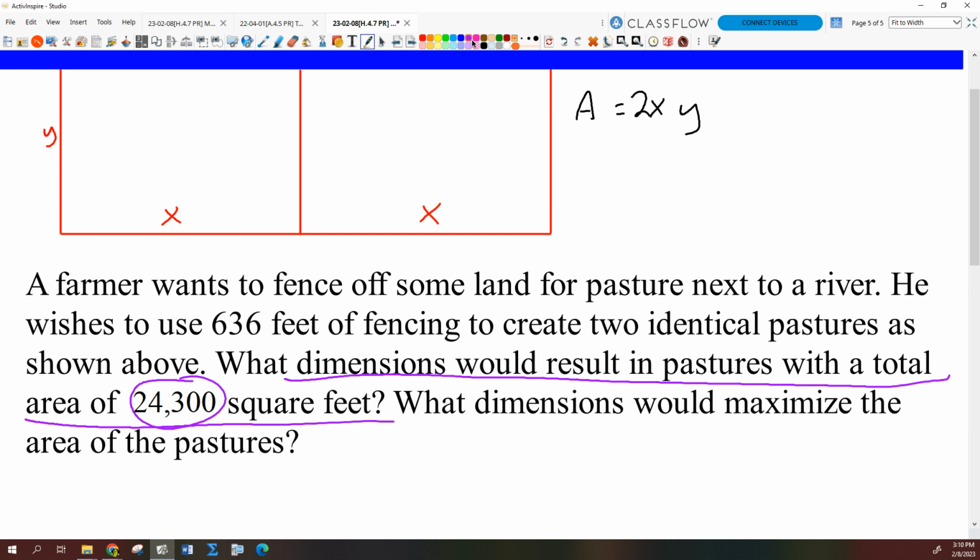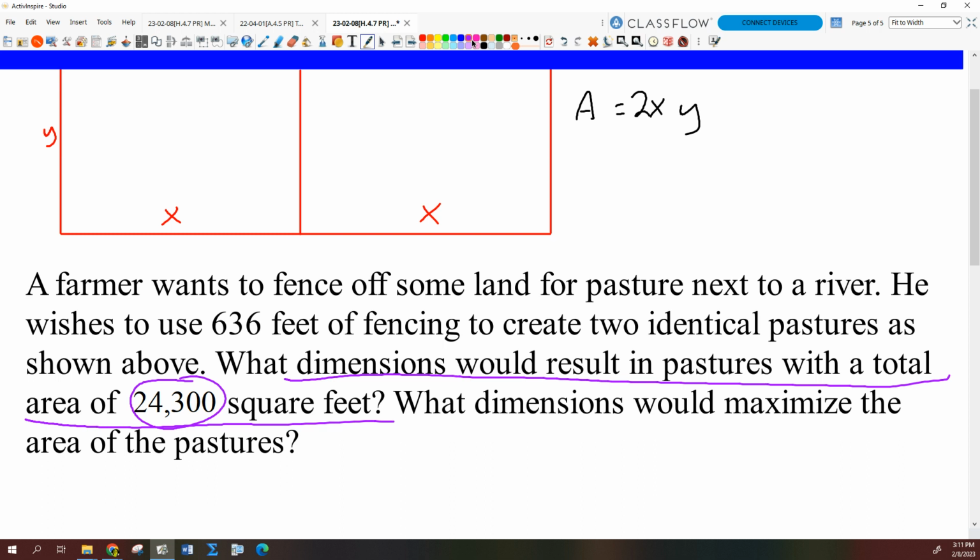What dimensions would maximize the area of the pasture? Next year we're doing calculus of a single variable, not multiple input variables. That's multivariable calculus, a college class that you take after my AP calculus class.